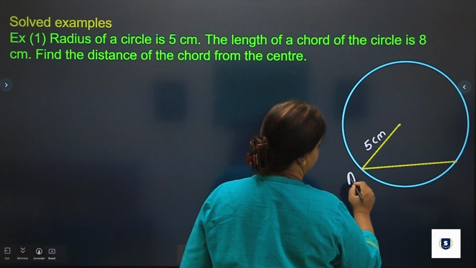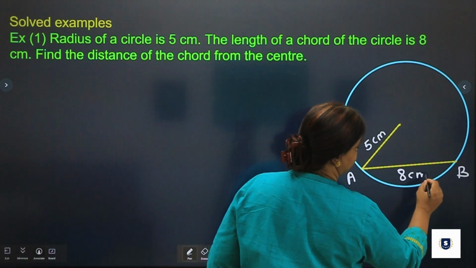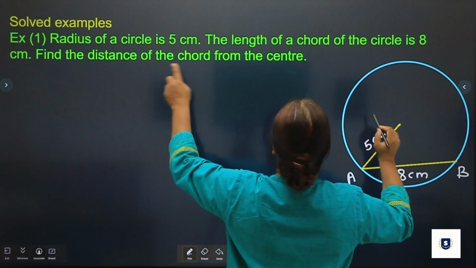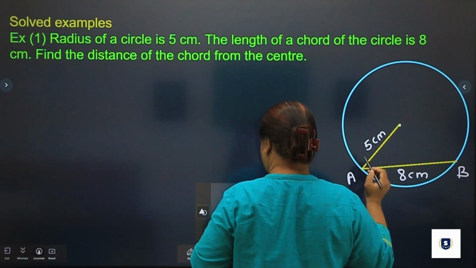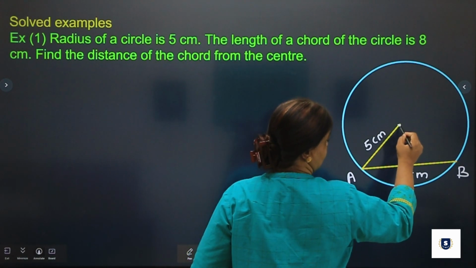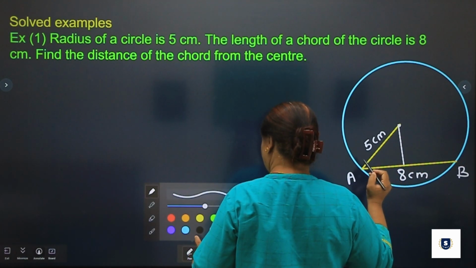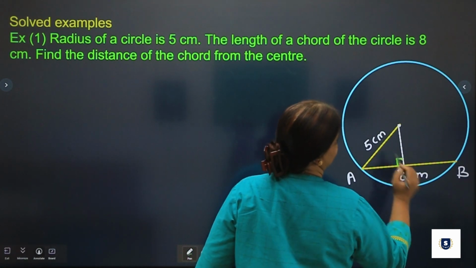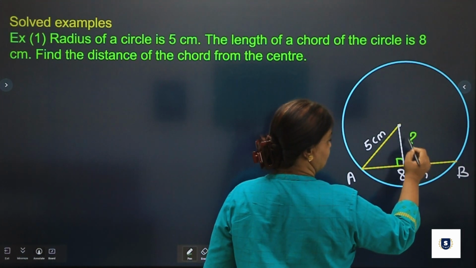Say it as AB, and this chord is 8 centimeter. Radius is given. We have to find out the distance of the chord from the center. This distance we have to find out. Okay, means we have to find out this.